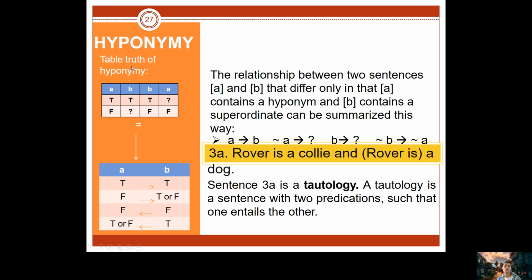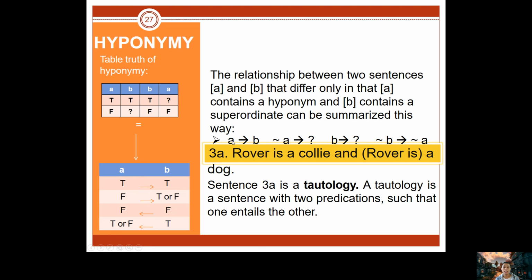Okay, this is the truth table of hyponym. If premise one is true, it will be true, and if false, it will be true or false. So the relation between two sentences A and B, which differ only in that A contains a hyponym and B contains a superordinate, can be summarized this way.